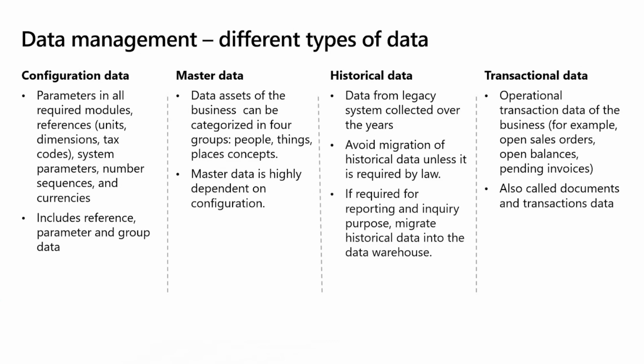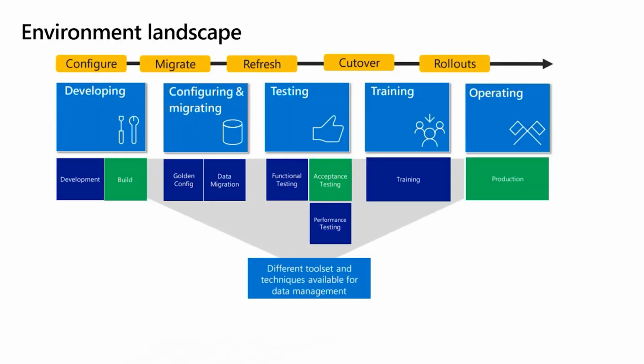There can be transactional data like document data, like your sales orders, purchase orders. There can also be process transactions like invoices. These could be transactional data. So these are different types of data that you may have to manage when it comes to finance and operations in general.